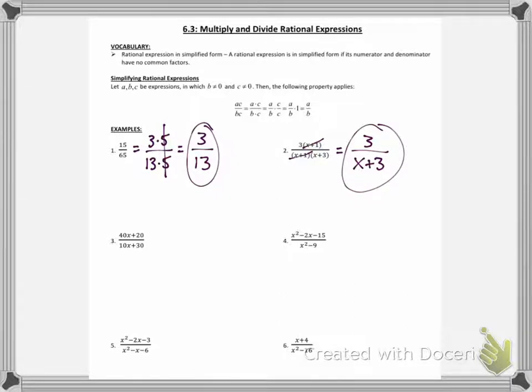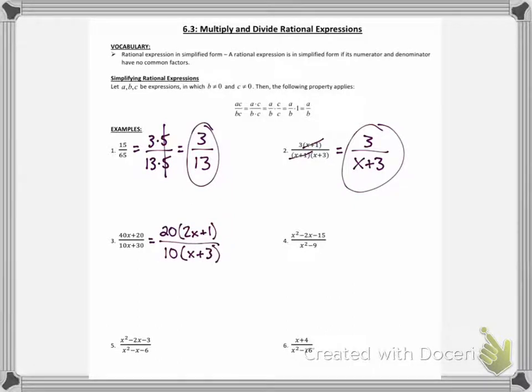So number 3, we have 40x plus 20 over 10x plus 30. In both cases, we're going to take a GCF out to see how this factors down. So in the numerator, I can take out a GCF of 20 and be left with 2x plus 1. And in the bottom, I can take out a GCF of 10 and be left with x plus 3.